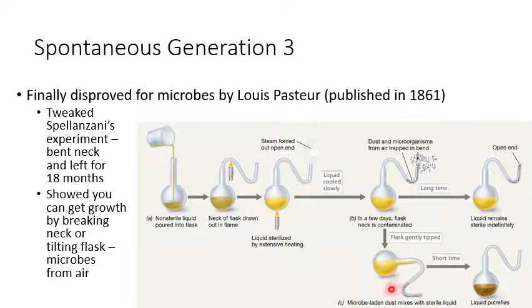So when the broth runs down here, it's going to pick up some of these microbes that have fallen into the U of the neck, and it brings them back into the main body of the flask when he puts it back upright. At that point he got cloudy broth, which conclusively demonstrated to the satisfaction of everyone at the time that these microbes are coming from little particles in the air, which are themselves microbes, and it's not coming from the beef broth.